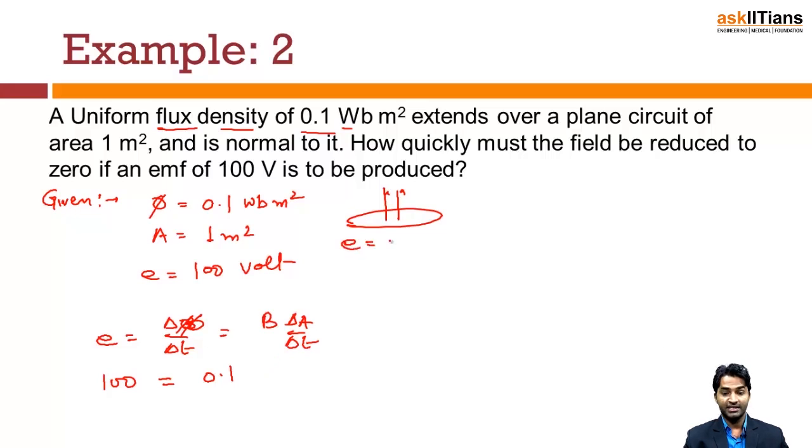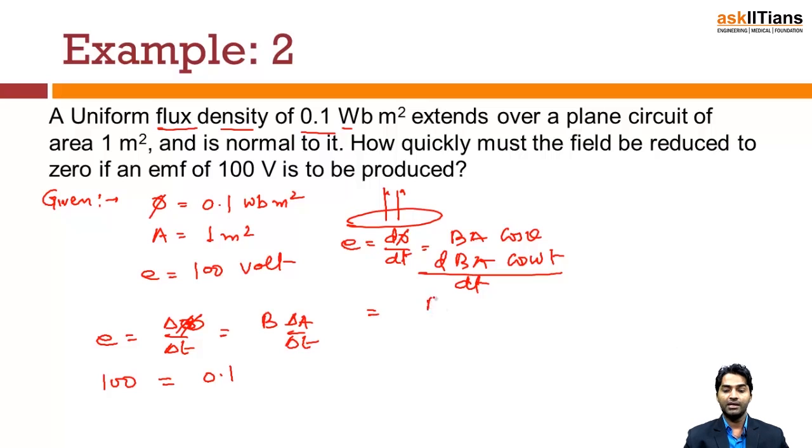We know that when it is changing, E is equal to delta phi by delta t, where phi is equal to B into A cos theta, or we can say B A cos of omega t. When we differentiate this function with respect to time t, we get B into A, also multiplied by the number of turns, and then omega into sine of omega t, with a negative sign, and then its magnitude is taken.